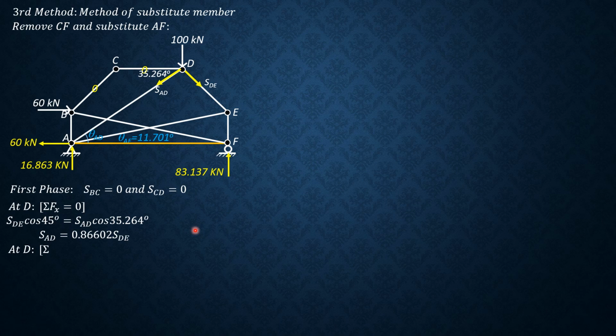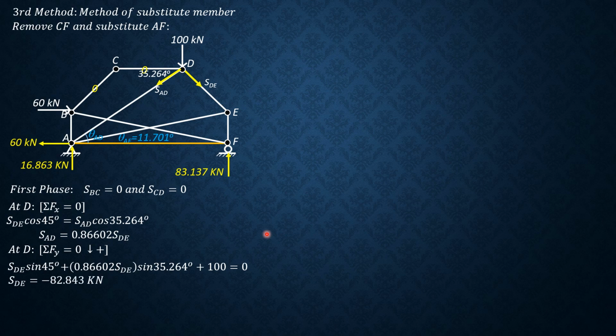Then summation forces Y at D equals 0, downward positive. SDE sine of 45 plus SAD, which is 0.86602 SDE, sine of 35.264 plus 100 equals 0. So SDE, therefore, which is the only unknown here, is negative 100 divided by quantity sine 45 plus 0.8602 sine 35.264.